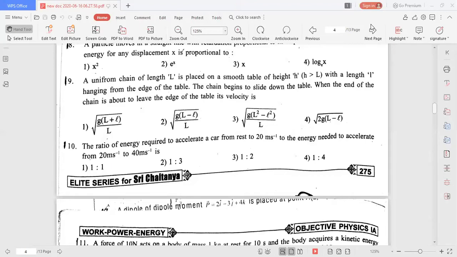Right. Next. All of you see the 10th problem.